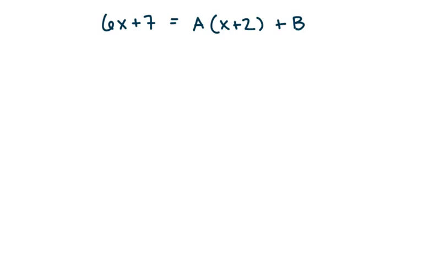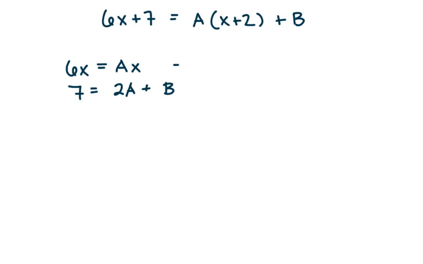So now that we have this, our goal is to determine what A and B are. Essentially here I have 6x. Looking at my linear term, I have 6x, I have plus Ax, and then B has no x with it. So 6x is equal to Ax, and my constant 7, I have 2A plus 1B.